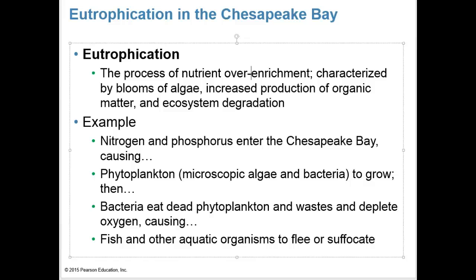Then that causes an overproduction of bacteria who like to feed on these dead phytoplankton, and the actual feeding and the decay of these phytoplankton by the bacteria causes the oxygen to be depleted in the water because decay uses up oxygen. Well, when there's not enough oxygen, fish and other aquatic organisms will either flee the area or they'll suffocate and die.